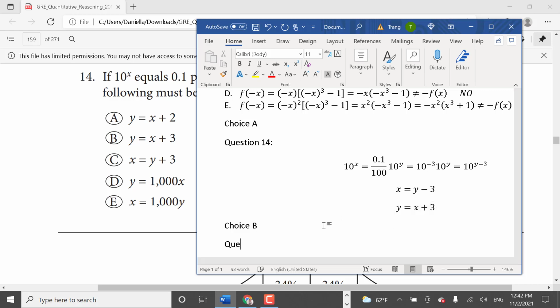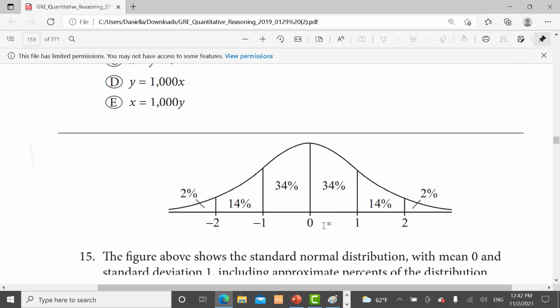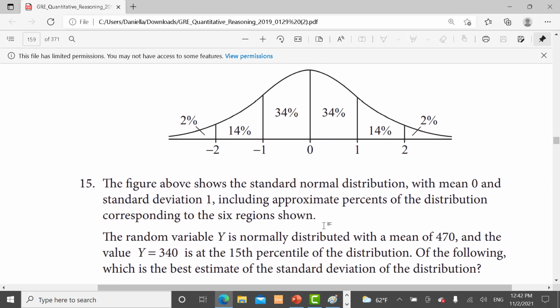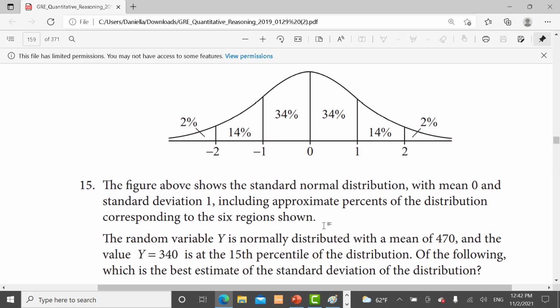Alright, now let's look at question number 15. Question number 15 is about the standard normal distribution with mean 0 and standard deviation 1. First of all, before we read the question, just look at the diagram. This is the bell-shaped diagram representing the standard normal distribution with the mean 0 and standard deviation 1.